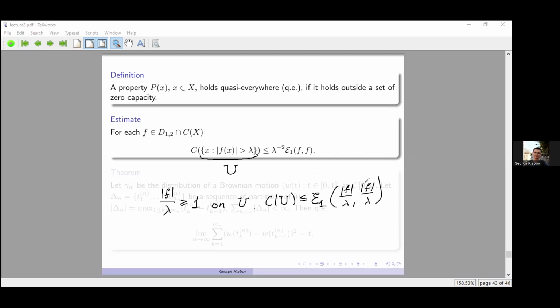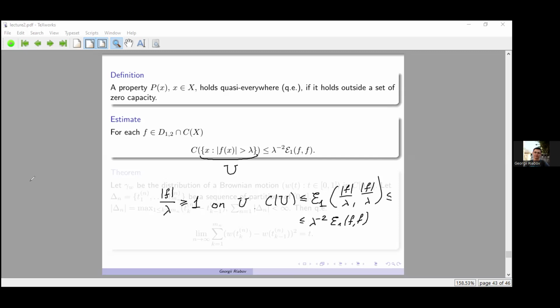And also recall that contractions decrease the E_1 norm, which means that this is less than lambda to the minus 2 times E_1(f, f). Okay, so we have such an estimate of the capacity.